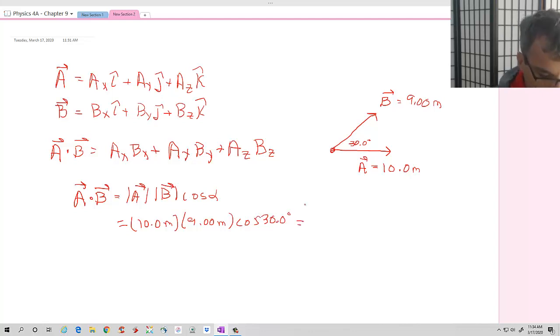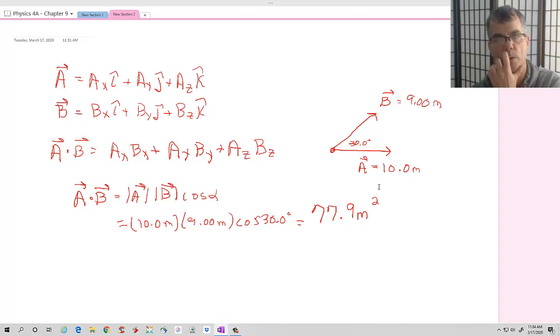If I take 10 meters times 9 meters times cosine of 30 degrees, what I get is 77.9, and in this case the units would be meters squared.